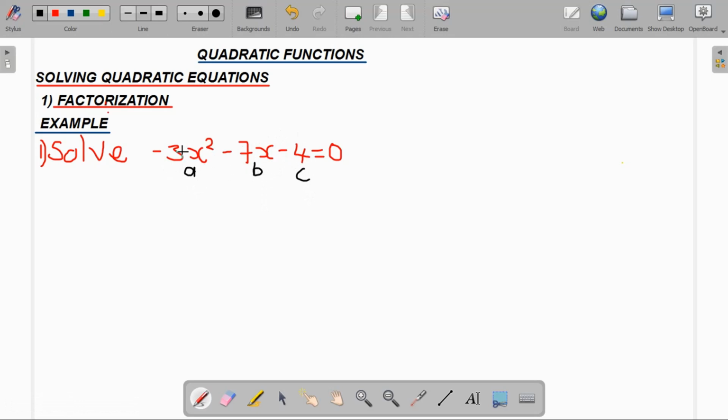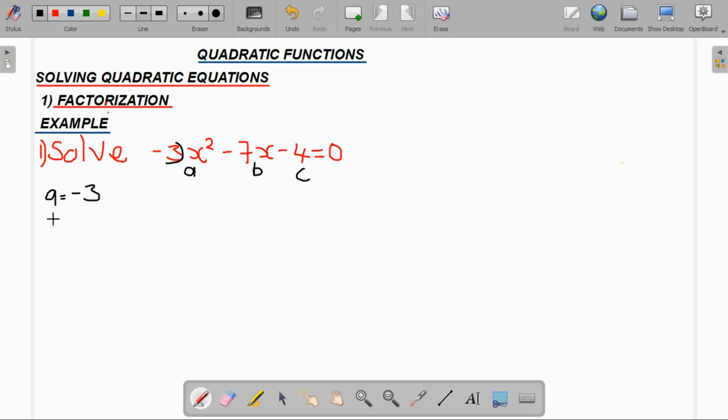From these terms, first of all, we're going to come up with the coefficients. Let me write them here. We're going to say a is equal to the number in front of x squared, which is negative 3.